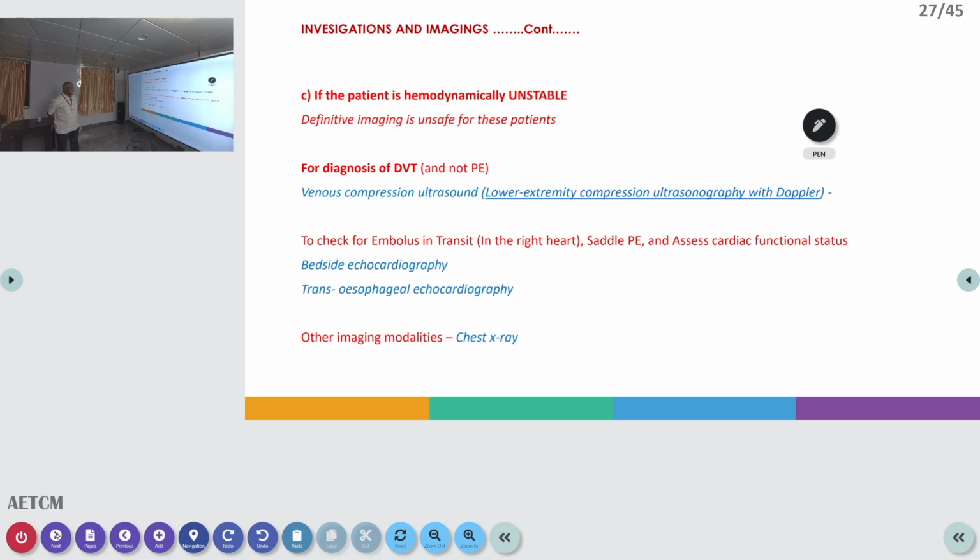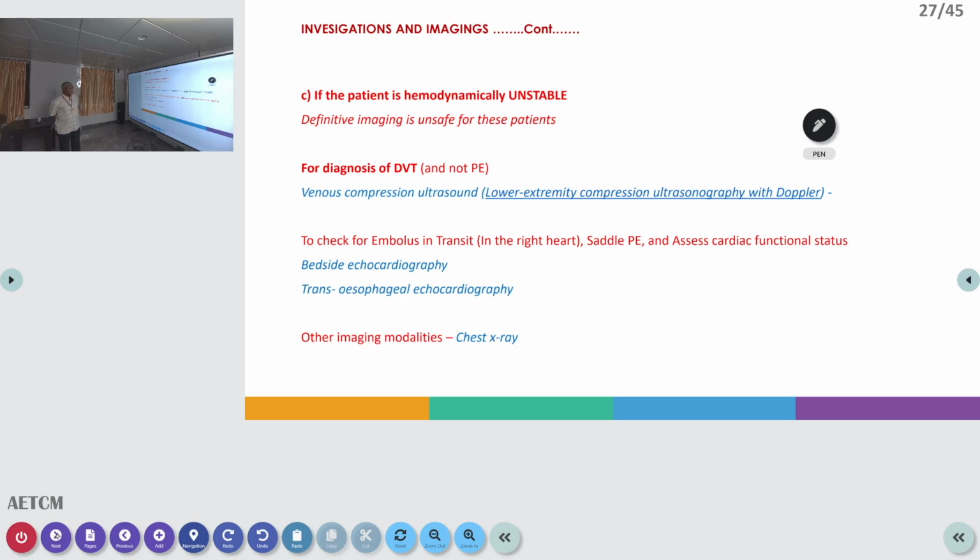Just shifting the patient may make them collapse. Next, we have to rule out any deep vein thrombosis. Remember, this is not for excluding pulmonary embolism, but for its presence. That is venous compression ultrasound, lower extremity compression ultrasonography with Doppler.